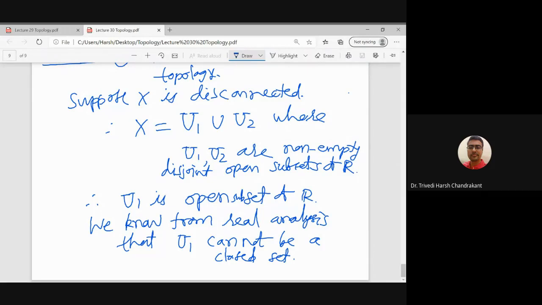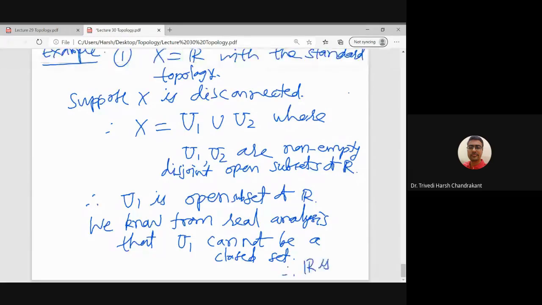If it is a null set, for example I consider U1 to be a null set or the whole real line, then its complement is open, because the complement of phi is the whole R and the complement of R is the null set. So in that case we can write X as the union of phi and R, but phi is the empty set, so it will not work, because the condition is that U1 and U2 both should be non-empty sets and they are disjoint. So such a thing is not happening in the real line. Therefore, R is connected.